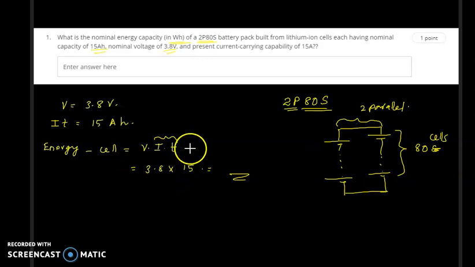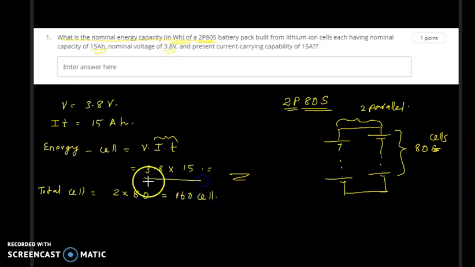Now we need to calculate the nominal energy capacity of the pack, the complete pack. So total cells in that pack: two parallel, 80 cells connected in series, so 160 cells are there.